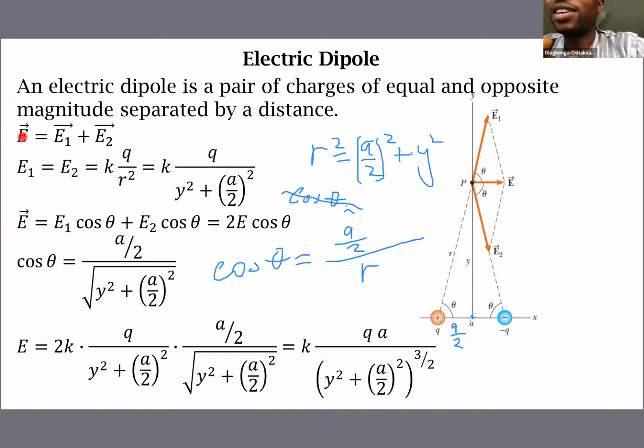E is the addition of E1 and E2, where we think of them as vectors, and we represent them as the sides of a parallelogram. The resultant will be E, which will be the vector addition of E1 and E2.